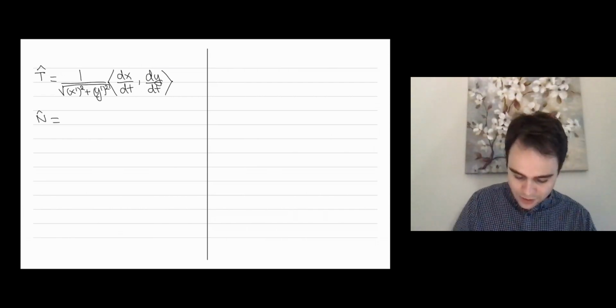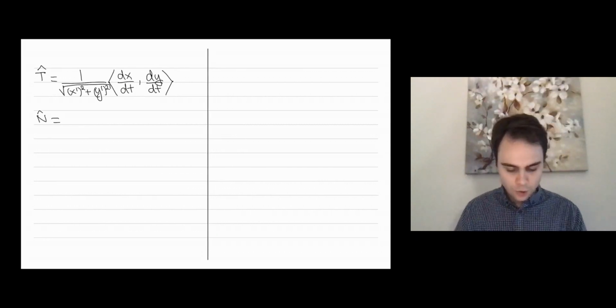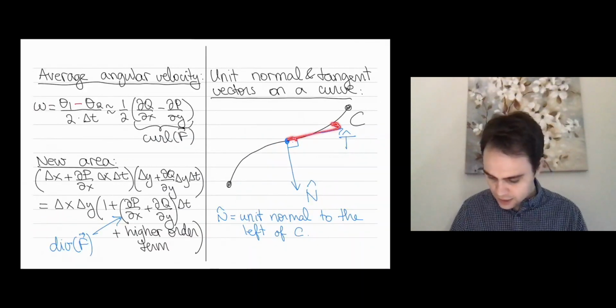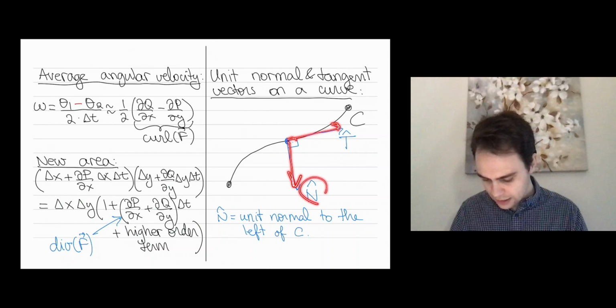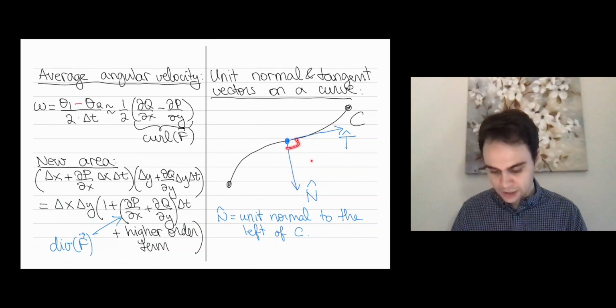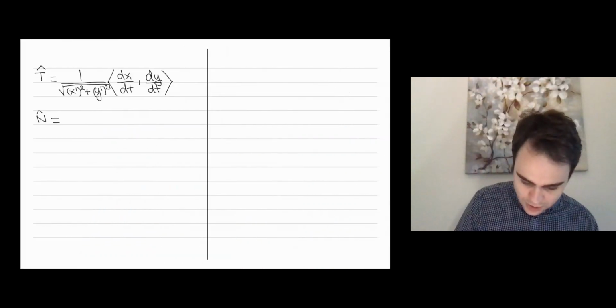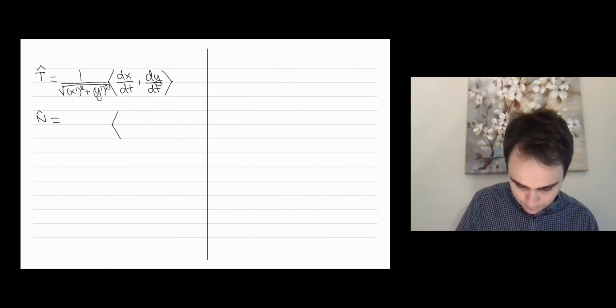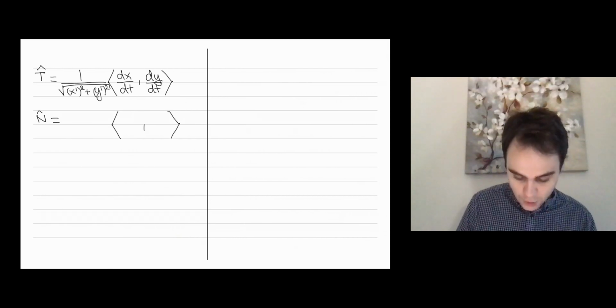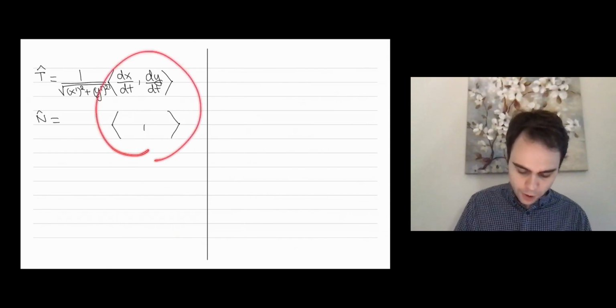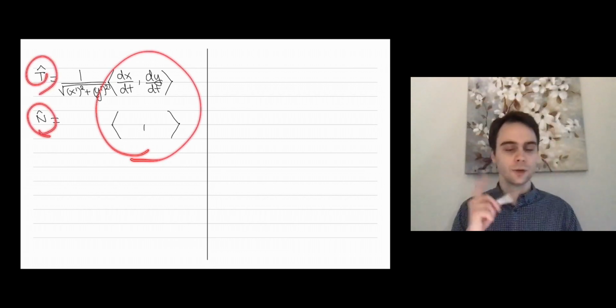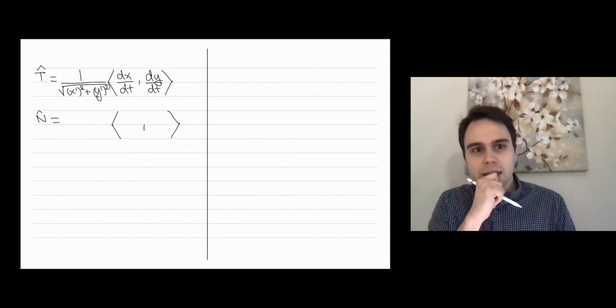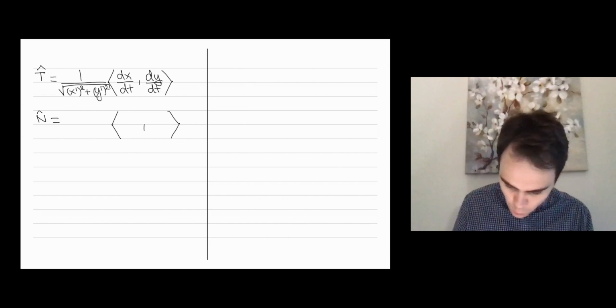Well, once we have the tangent, it's really easy because you're just rotating the tangent by 90 degrees. So the normal is going to be a vector with the property that if I do the dot product of n and t, I get 0. And okay, so there's a good way to do this.